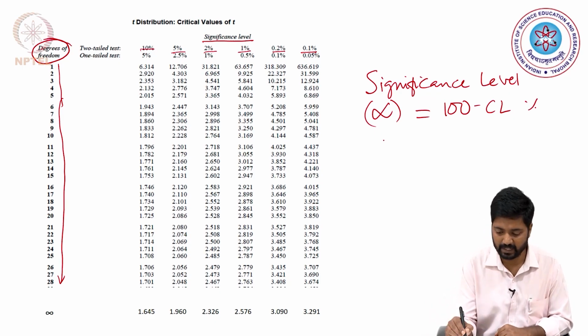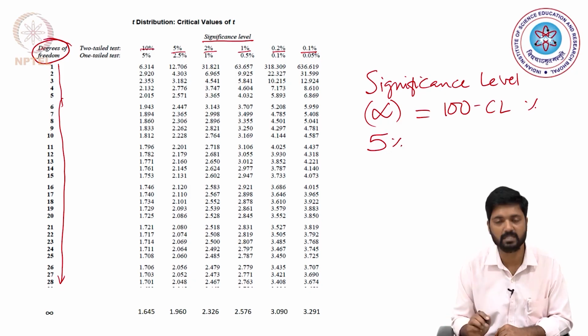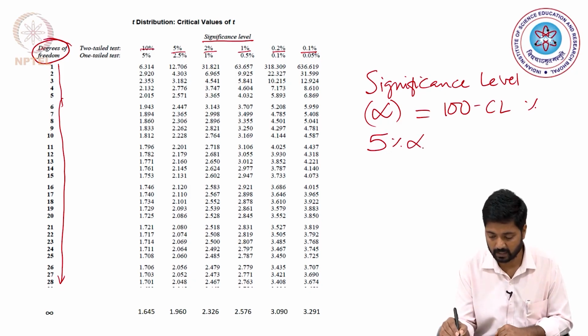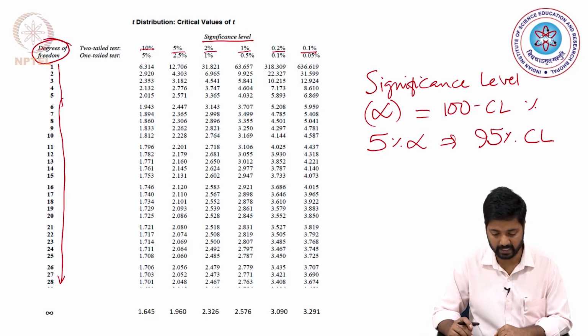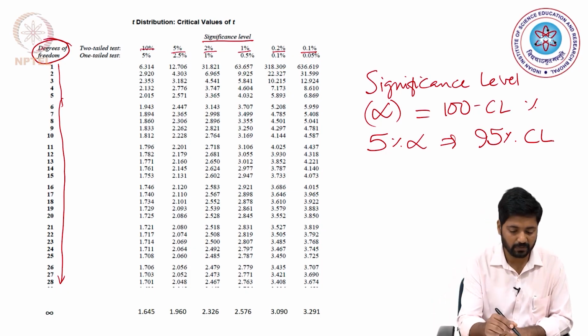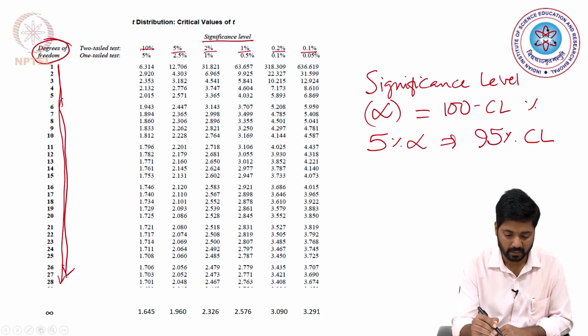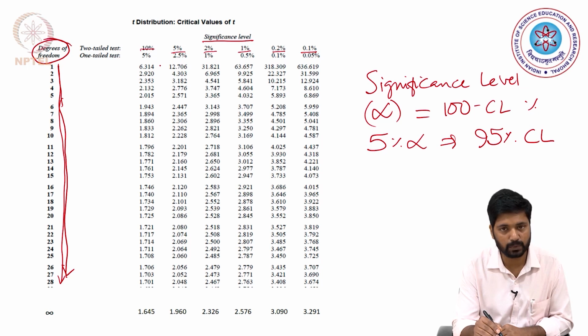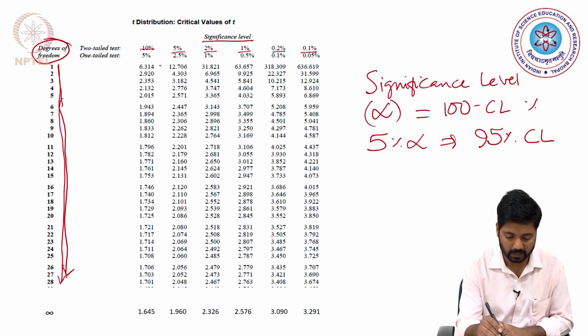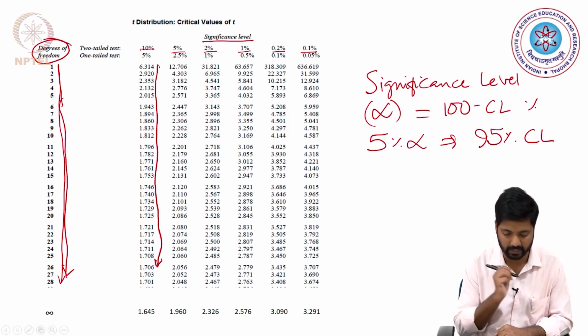So when we say 5% significance level, we are implying 95% confidence level for a two-tailed test. So what we see here is that as our degrees of freedom increase, the t value at a particular significance level also decreases considerably.